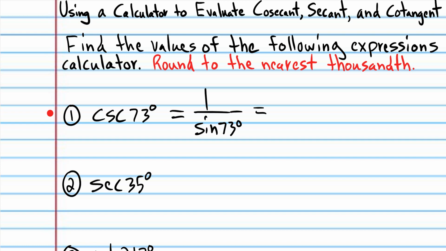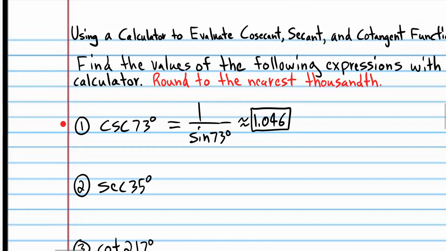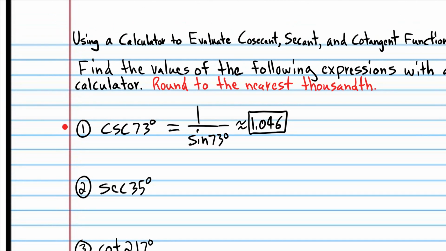So now we go to the calculator and we enter 1 divided by sine 73 and then enter. And we get approximately 1.046, and we're rounding to the nearest thousandths.